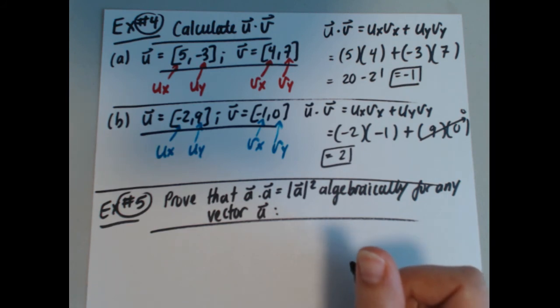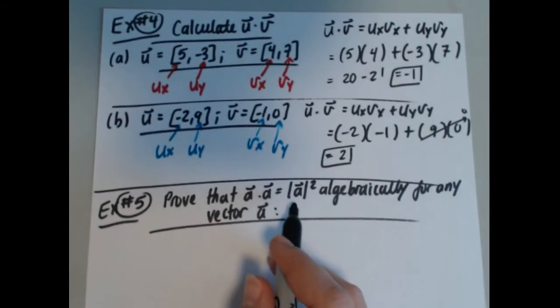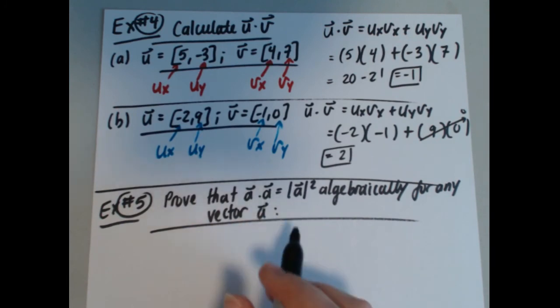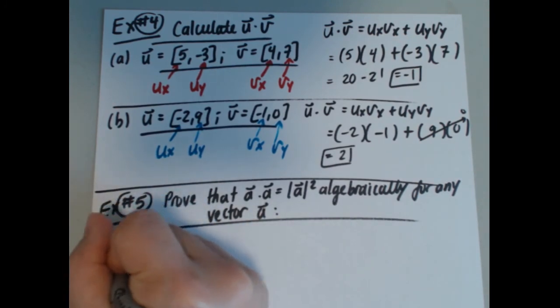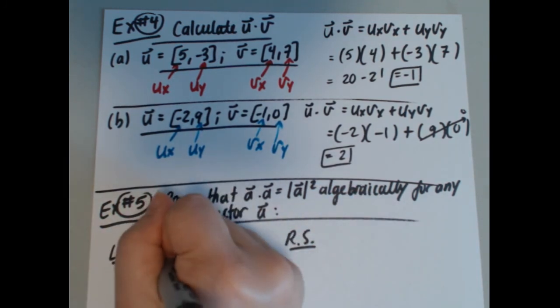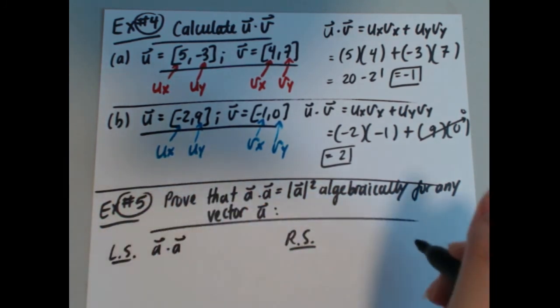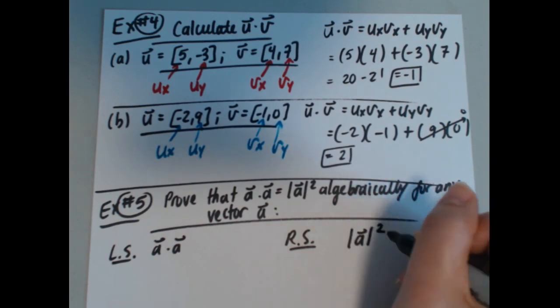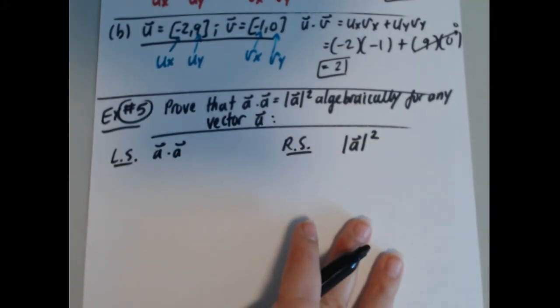Prove the left side equals the right side. And that's exactly what we're going to do here. We've got a left side, we've got a right side, and we're going to show that they are in fact the same thing. So on the left side I've got A dot A, and on the right side I've got the magnitude of A squared. I'm going to start off with the left side here.